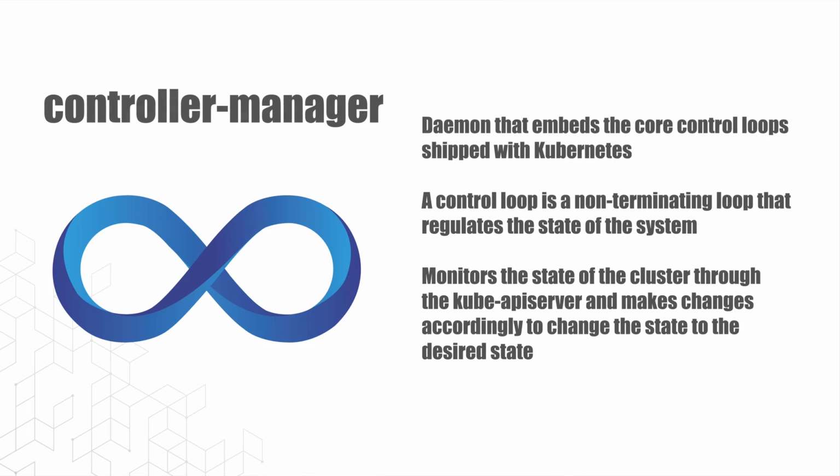The controller manager is a daemon that embeds the core control loops shipped with Kubernetes. A control loop is a non-terminating loop that regulates the state of the system. It monitors the state of the cluster through the kube API server and makes changes accordingly to change the state to the desired state.